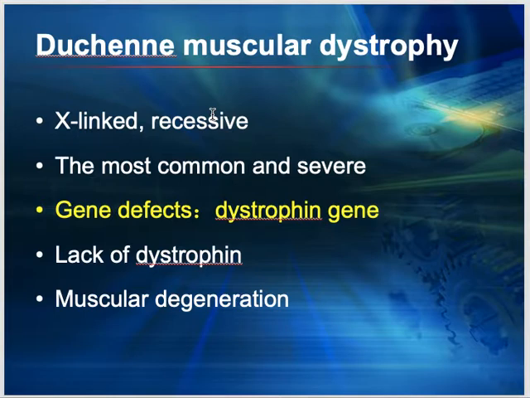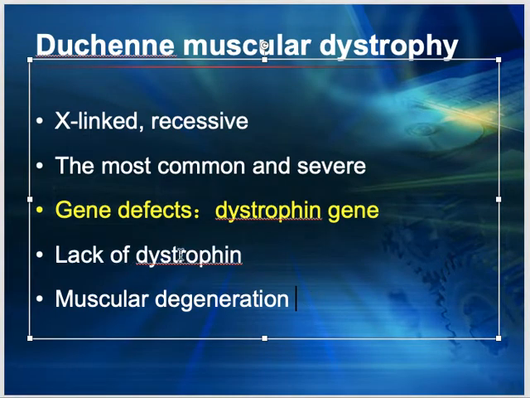So now what happens is they have a gene defect in the dystrophin gene and they have a lack of dystrophin. Now this is a very important point. This condition is severe, so this condition has an absent dystrophin gene.